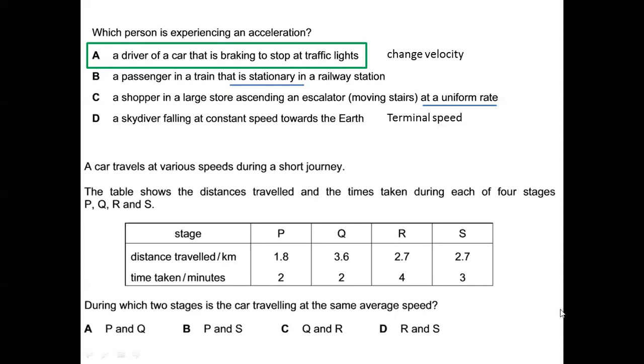All we have to do is determine the average speed for each stage. For letter P, it will be 0.9 kilometer per minute. For Q, it will be 1.8, R 0.68, and then for S, 0.9. That means the answer will be stages P and S, which is letter B.